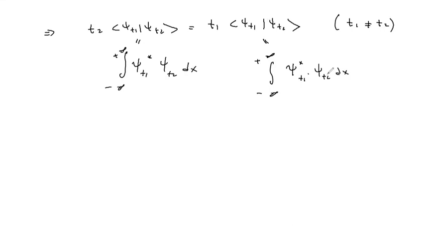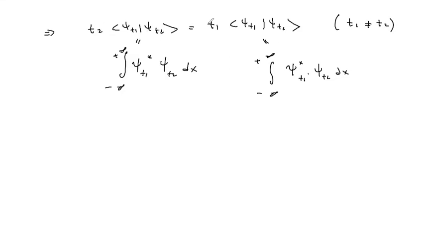If I cancel this, I'm going to get T1 equal to T2, but T1 is not equal to T2. So that cannot be.